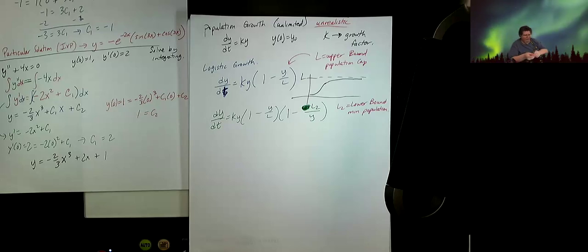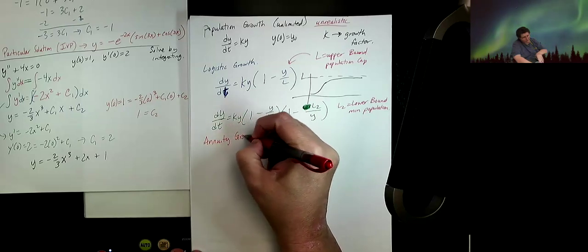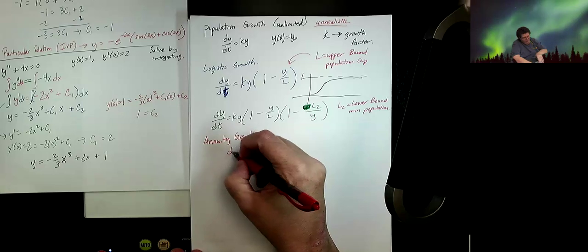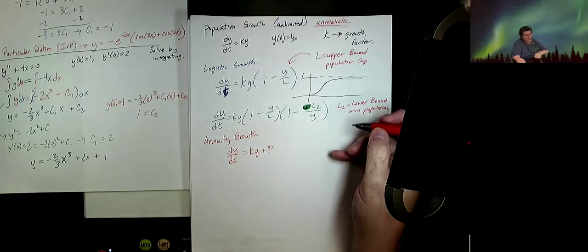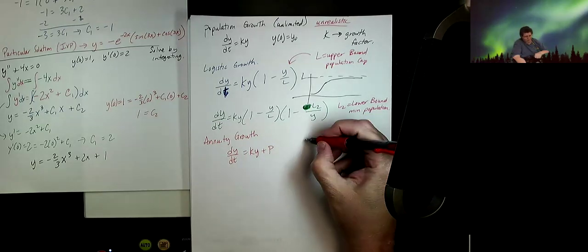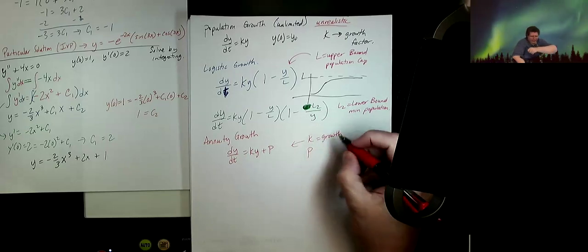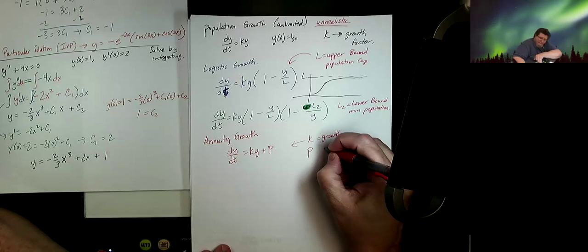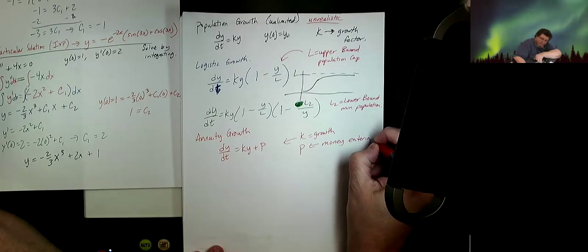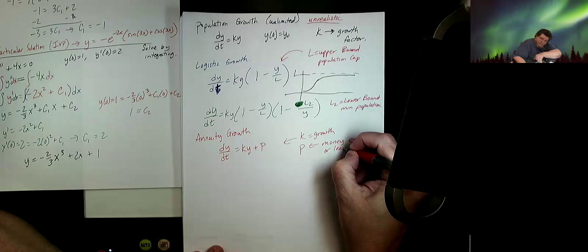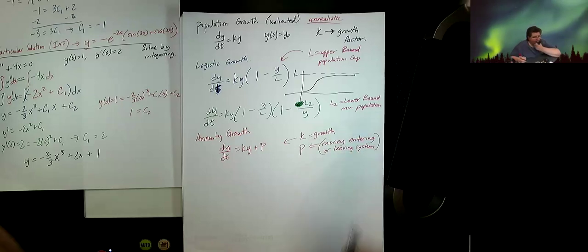Another one related to this one is the annuity growth. dy/dt equals ky plus p. k is still growth. p is money entering or leaving the system. This is when you're making your retirement.